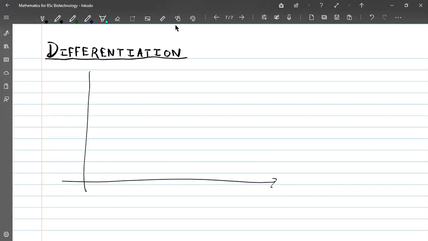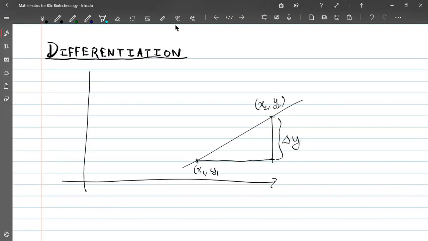In the case of a straight line, what we did was measure the rise upon run, correct? The difference in the y coordinates, which I will denote by delta y. So that is y2 minus y1. Say this point is x2 y2, and this first point is x1 y1.